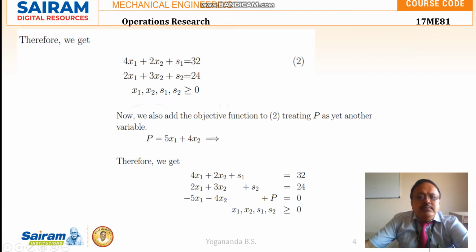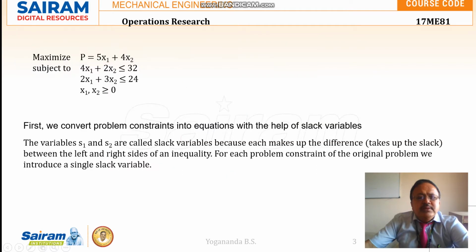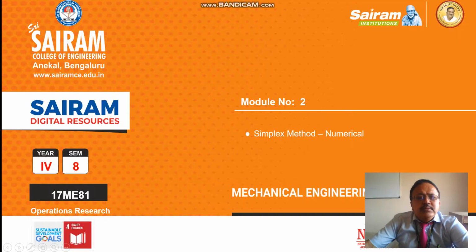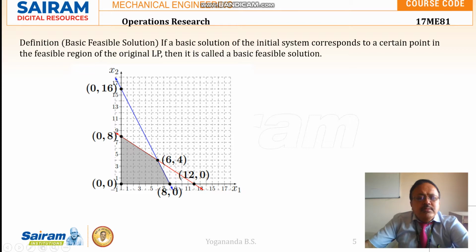Then if x1 is made 0, then 3x2 is 24, so x2 is 8. So 0 comma 8. Join this 12 on the x-axis and 8 on the y-axis. That is the second constraint.